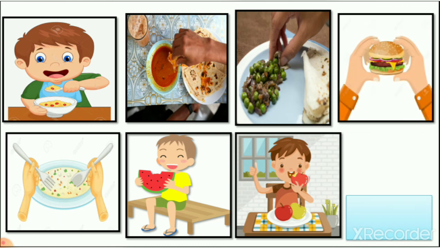Now you tell me which body part all these boys and people are using for eating. They are holding things in hand. It means our hand helps us in eating. So you understand that we are using our hand when we are eating.